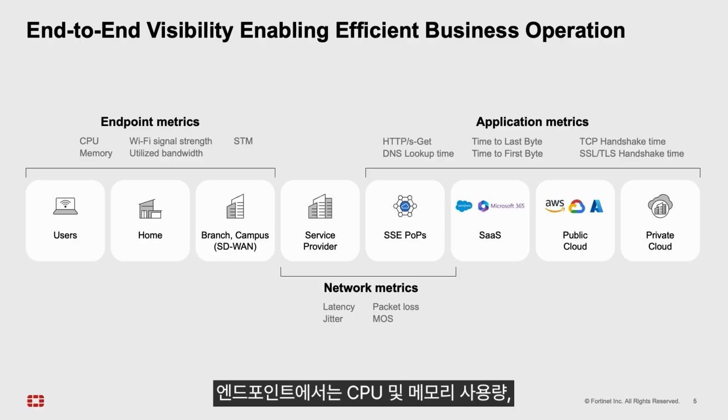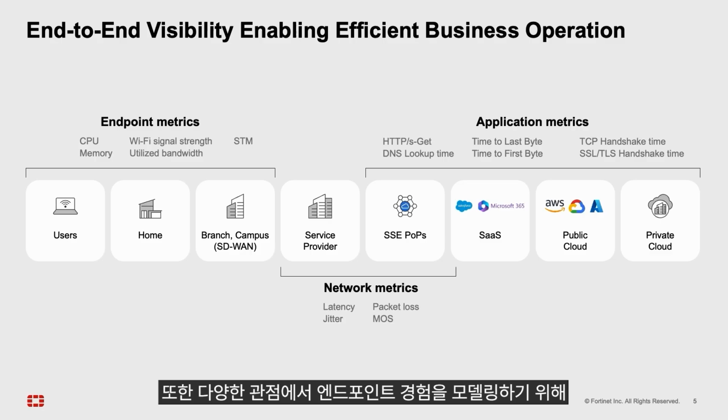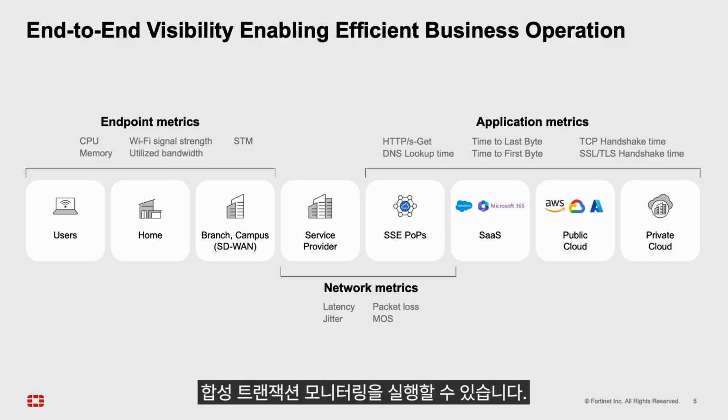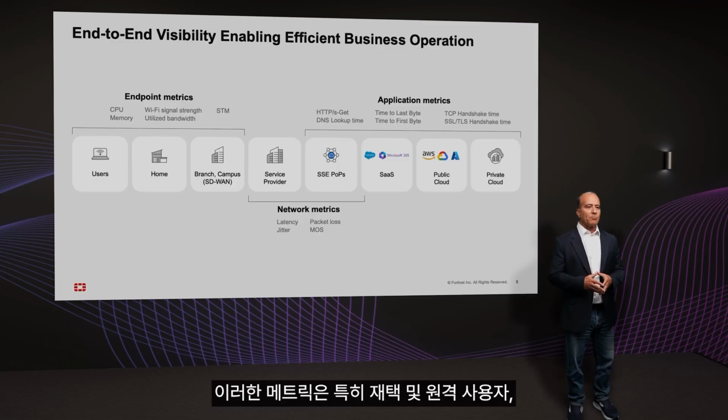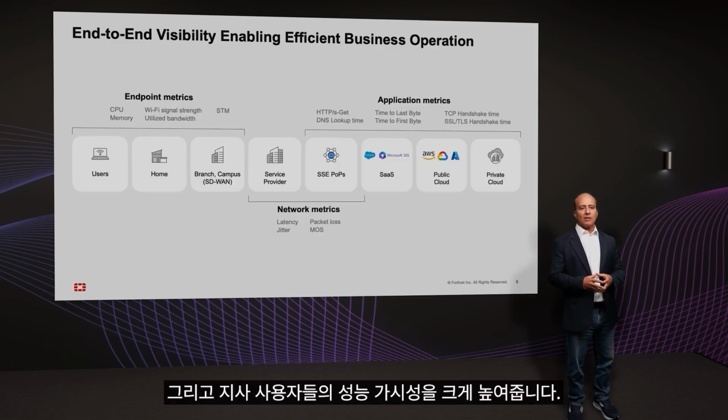On the endpoint side, we check for resource utilization of the CPU and memory, and also we check for Wi-Fi signal strength and utilized bandwidth. We can run synthetic transaction monitoring to model the experience of the endpoint from different vantage points. These metrics provide much greater visibility, especially into the performance of home and remote branch users.